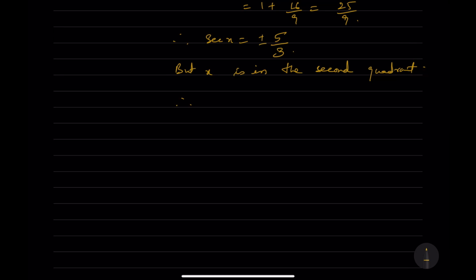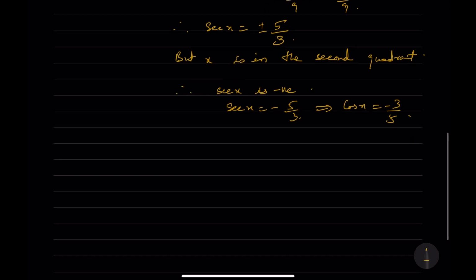Therefore here again secant x is negative. So secant x is equal to minus 5 by 3, which implies that cos x is equal to minus 3 by 5, because here only sine and cosecant are positive, secant and cos will be negative in the second quadrant.